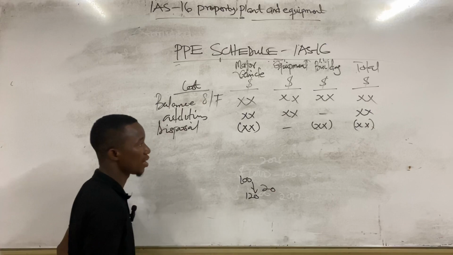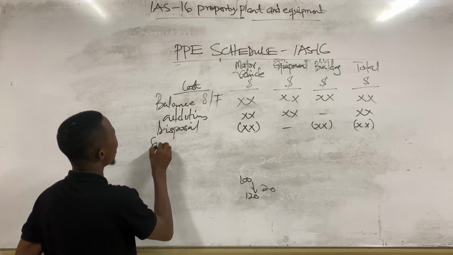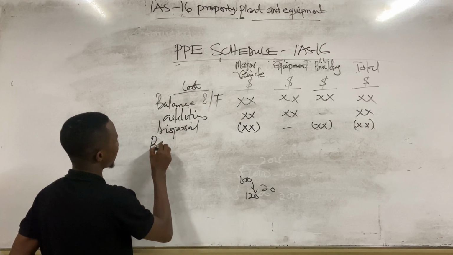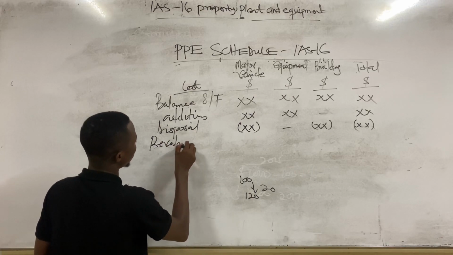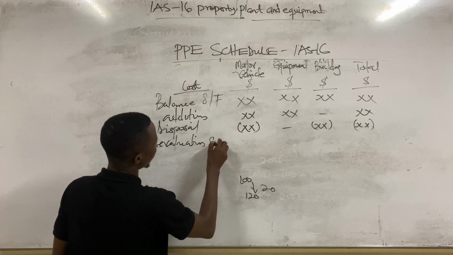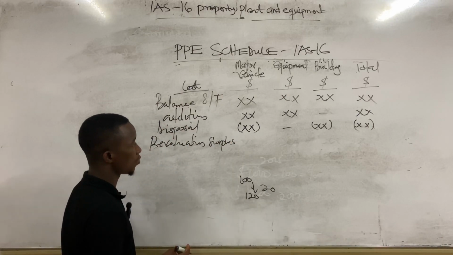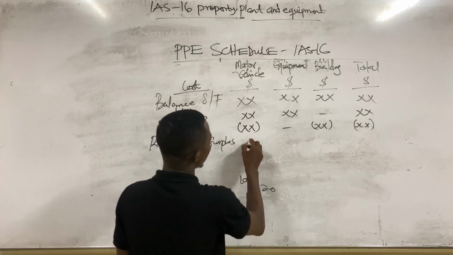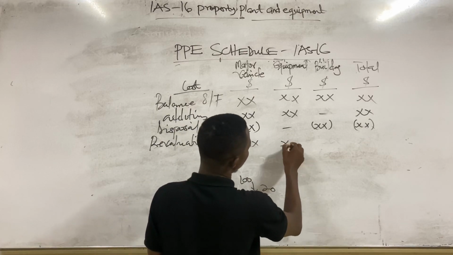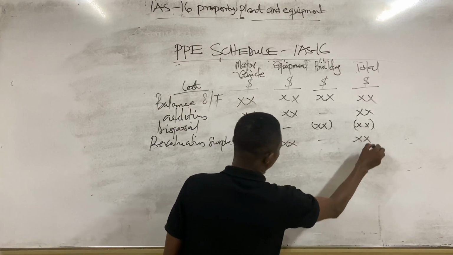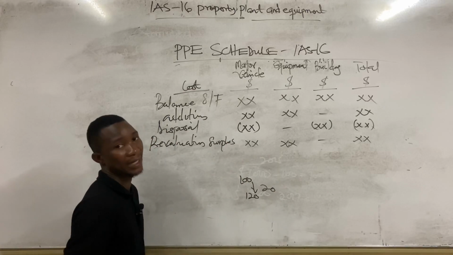This is what we call revaluation surplus. When we have a revaluation surplus, we add it to the cost. So revaluation surplus is added, then we have the total.